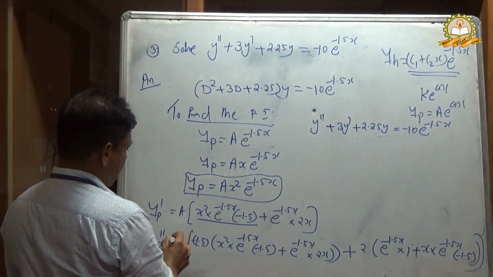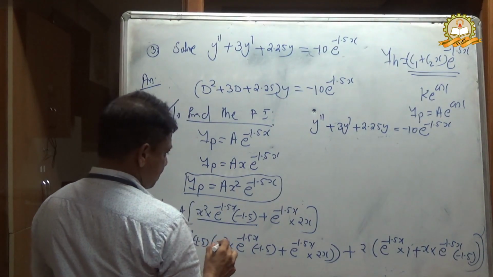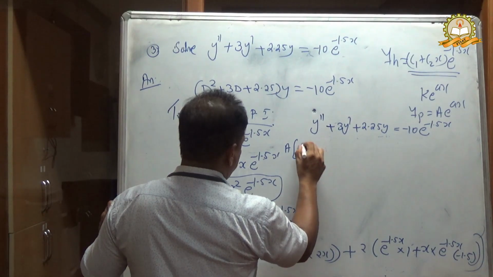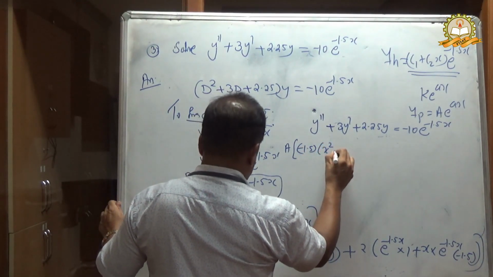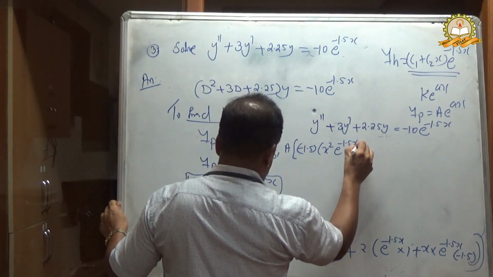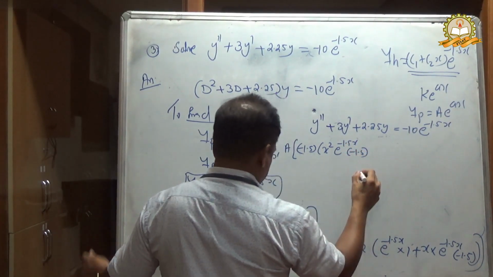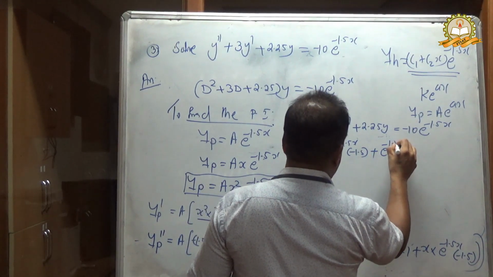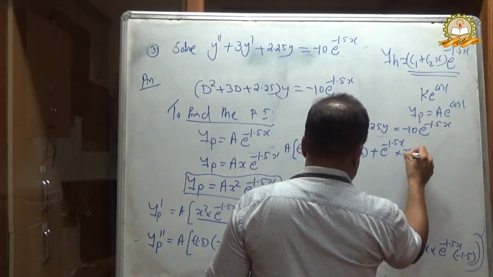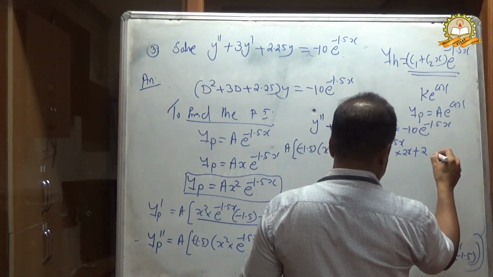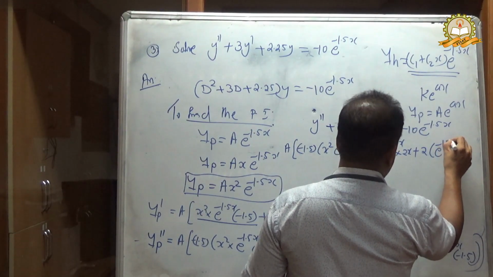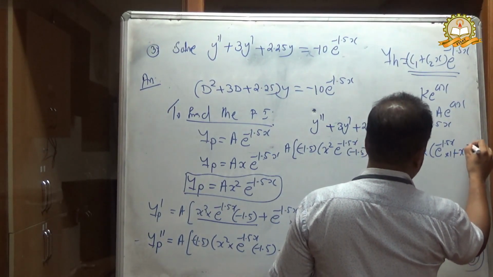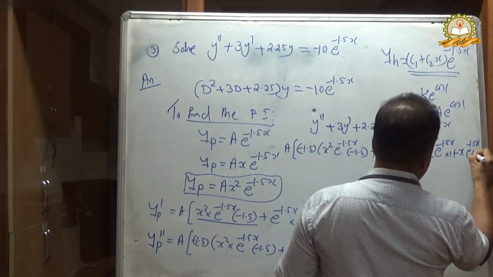Substituting yp double dash: a into minus 1.5 x square into e raised to minus 1.5x into minus 1.5 plus e raised to minus 1.5x into 2x plus 2 into e raised to minus 1.5x into 1 plus x into e raised to minus 1.5x into minus 1.5.